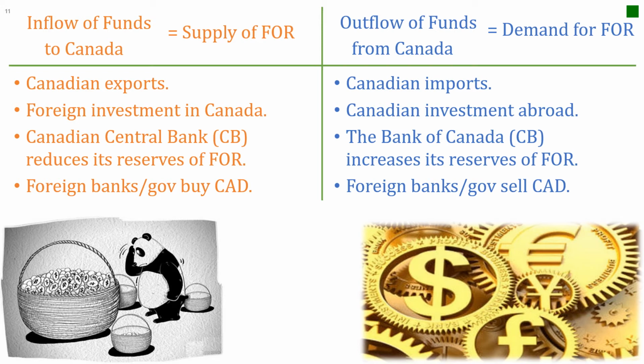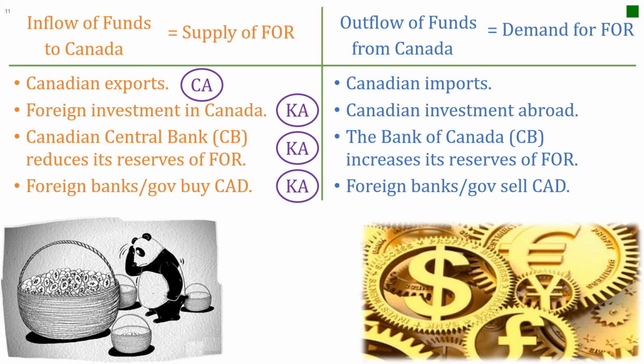If you look at exports and imports, they refer to goods and services, so that would be current account. Whereas investment in assets would be capital account. The third one, the Canadian Central Bank reducing reserves, is also capital account, and the Canadian dollar is also capital account.